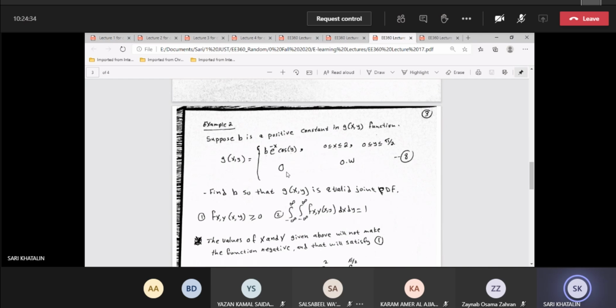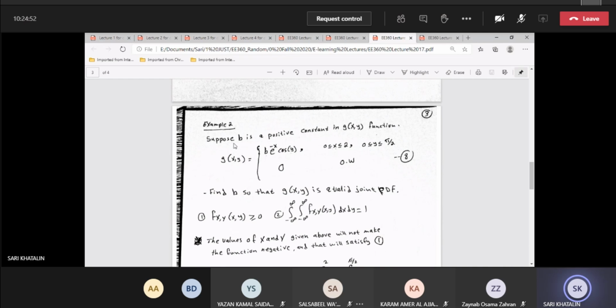This is very similar to the examples we had back in chapter 2, where we had the PDF and we were given a constant within the function, and we needed to find the value of that constant.